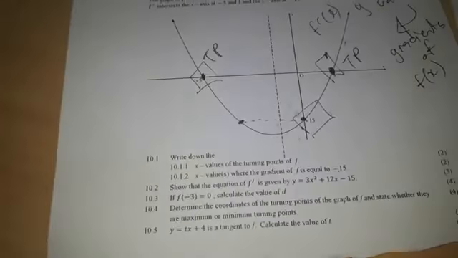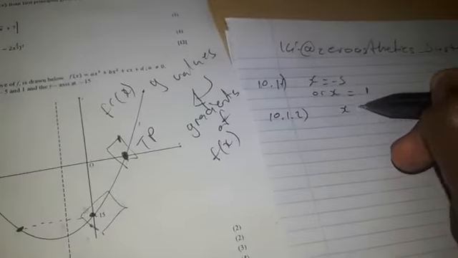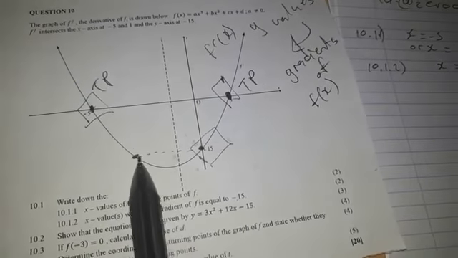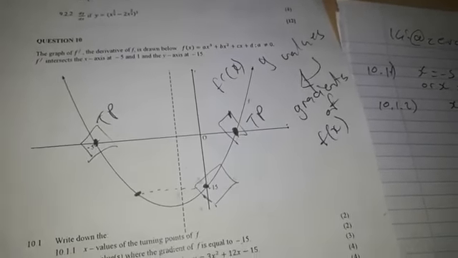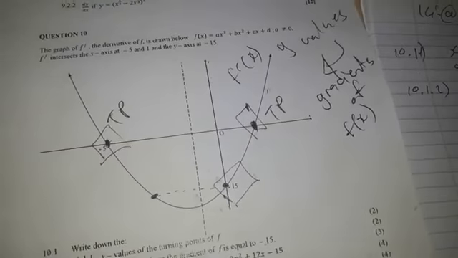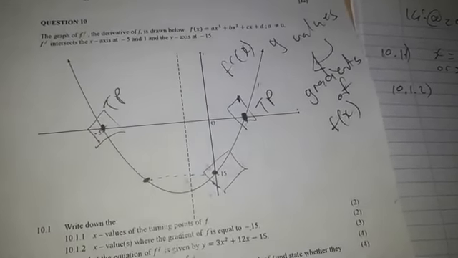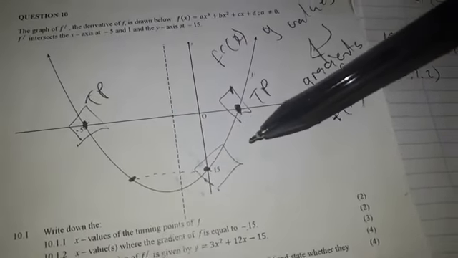So in 10.1.2, we know that the gradient is equal to negative 15 where x is 0. So we need to find this other x value. To find that other x value, you may be thinking we are going to do something funny or complicated, and I hear you, it's okay. But remember, these two are symmetrical, so you want to think logically.